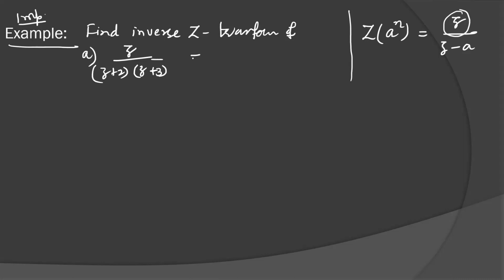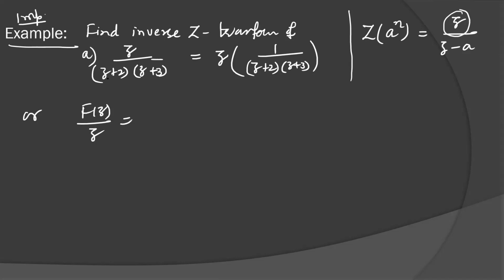Means what I'm saying here? Let F(z) be equal to z over (z + 2)(z + 3). Take z outside; or you can write F(z)/z, you take z on the left-hand side and the remaining part on the right-hand side: 1 over (z + 2)(z + 3).